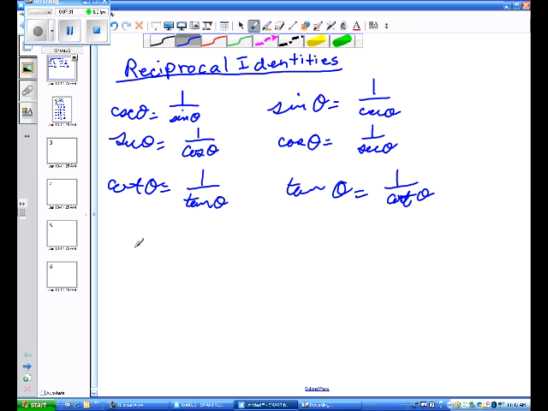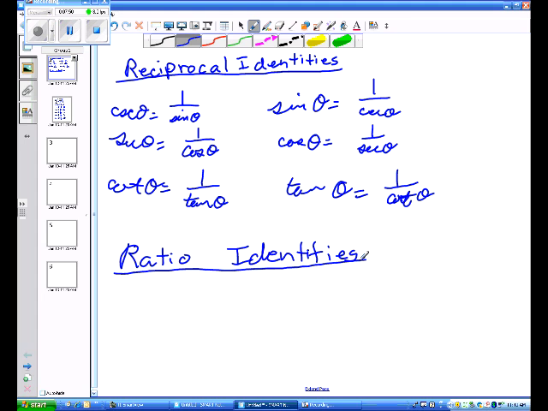So we want to look at those, and so these will be our ratio identities. And let's see how we develop them from our formulas.